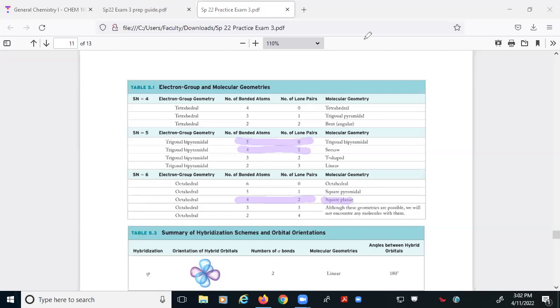Well, we have to remind ourselves of what trigonal bipyramidal looks like. Trigonal bipyramidal means I've got a center atom here. So on its face, this is going to be pretty hard to be 2-dimensional.